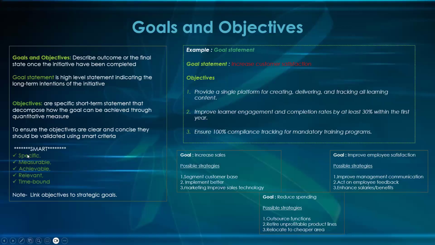Let's see. Is it specific? Yes. To provide a single platform is specific. We can test it. Is it measurable? Yes, of course. It's measurable because we can test it. Let's say they finish building the website. We're building a website now, a learning management website.